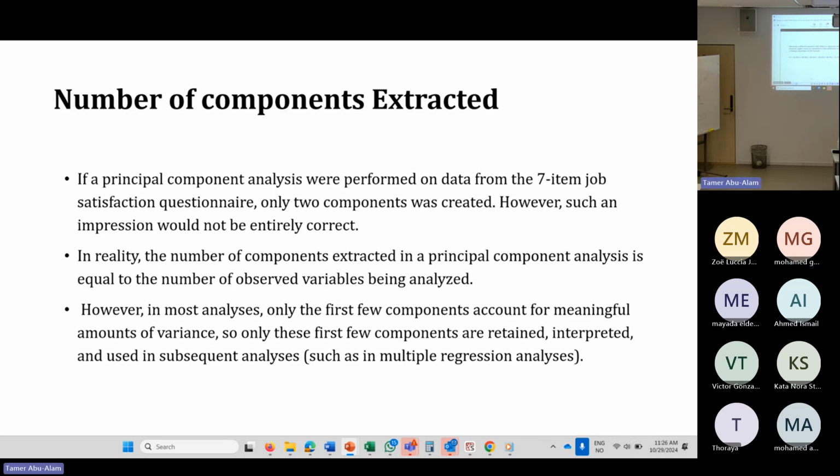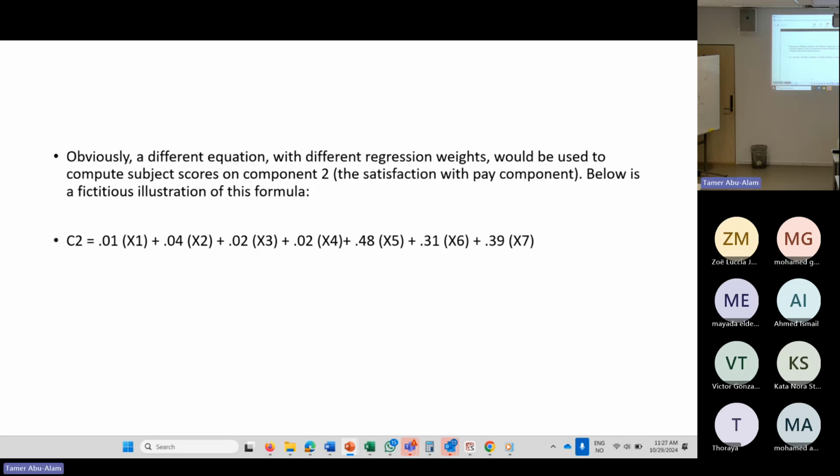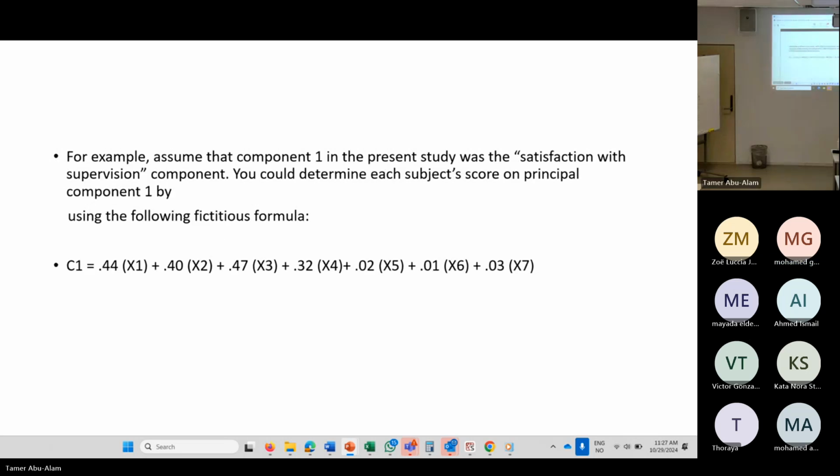Okay? I would like you to look at component 2, just the equation. Take a close look at the coefficients in front of x1, x2, x3, and x7, and so on. And look at principal component 1 and look at the same coefficients for x1, x2, x3, and so on.